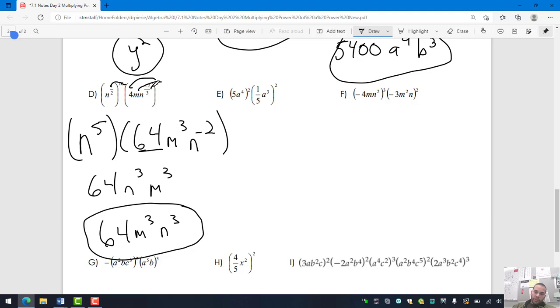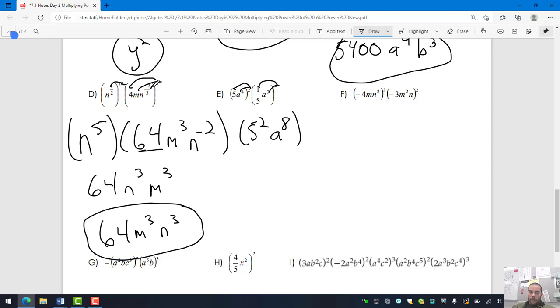And then we'll close with this one, letter E. Same kind of concept. Distribute the 2 to every single piece first. I'll have 5 squared, and then a to the 4th squared should become a to the 8th after I multiply. For this one, the 2 distributes to the 1/5 and to the a to the 3rd power. 1/5 squared is actually, the 2 basically distributes to the top and to the bottom.